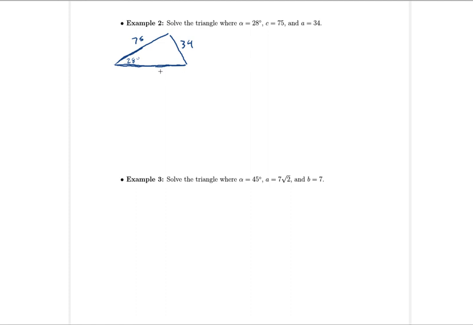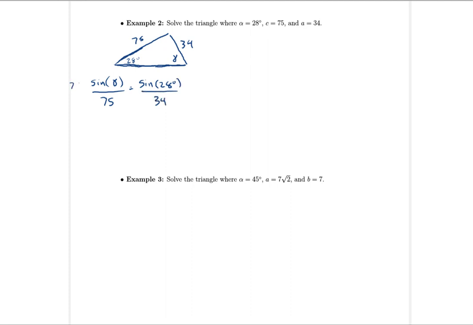All right, so we know that just like in our example number 1, we would start this by saying the sine, and of course this is gamma here, right? The sine of gamma over 75 equals the sine of 28 over 34.